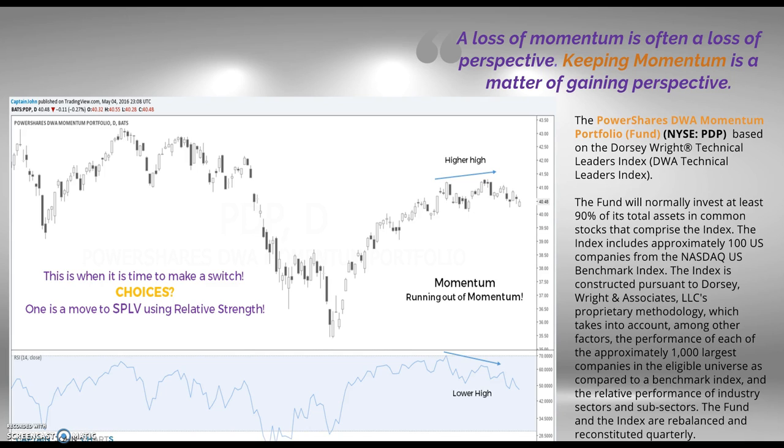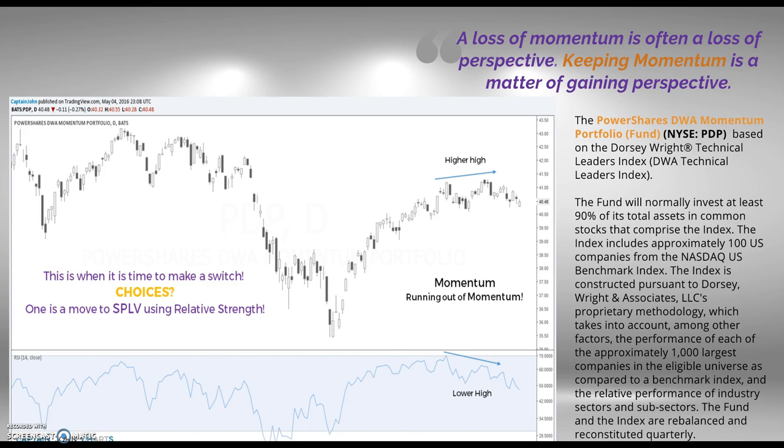Now, the PowerShares DWA Momentum Portfolio Fund, known as symbol PDP, is based on the Dorsey Wright Tech Leaders Index, and this is a great way to gain perspective. John, why don't you go over this chart here? Well, as you can see, it's had a phenomenal run, and it's slowly rolling over. It looks like it might be making a rounded top.